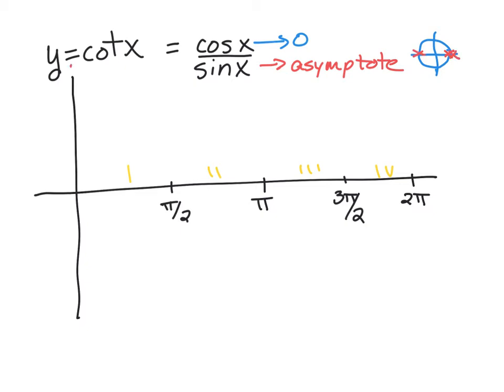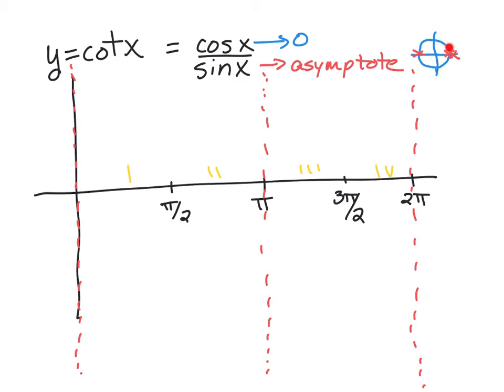So at the beginning, in the middle, between 2 and 3, and then at the end of quadrant 4. We have zeros here. I'm sorry, where the cosine is 0, yes, here and here.